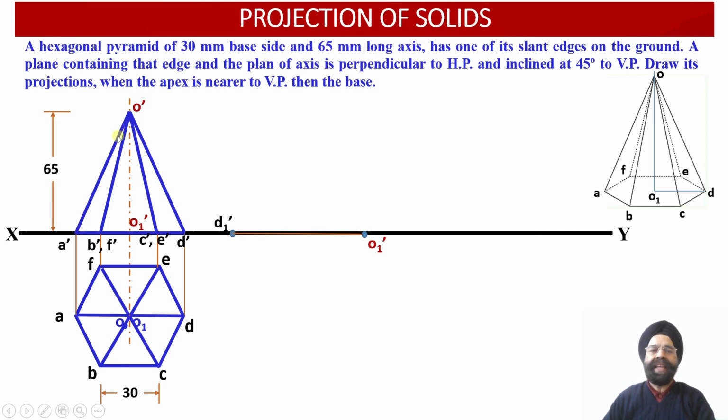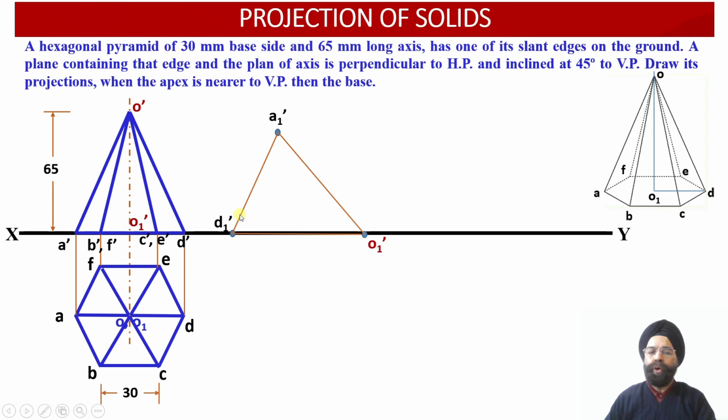Once we measure this slant edge length O dash A dash, with O dash as center we will mark another arc having radius equal to O dash A dash, such that this arc intersects the earlier arc which had the radius equal to D dash A dash. This way point A1 dash can be located in the elevation projection view.